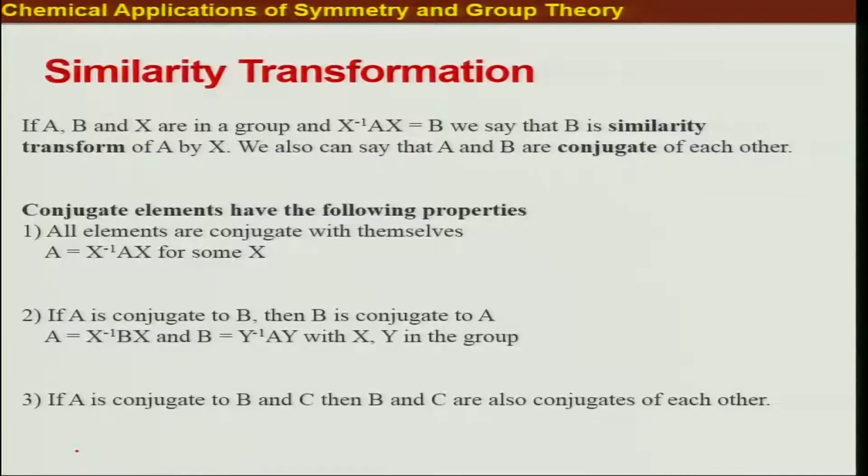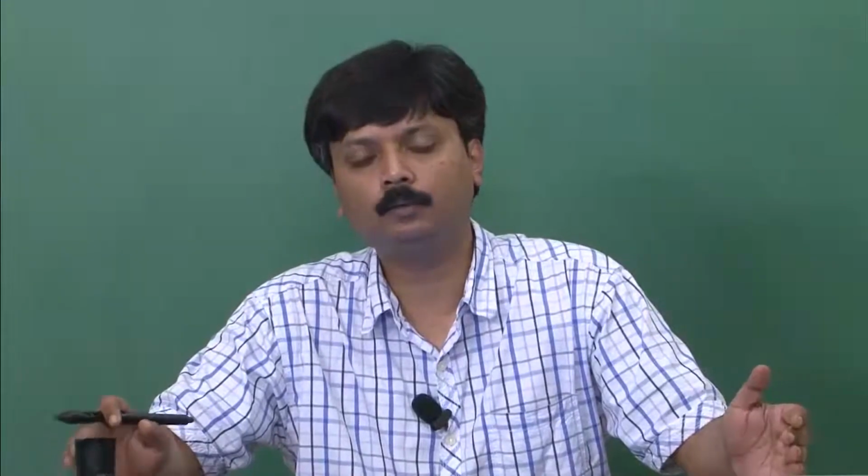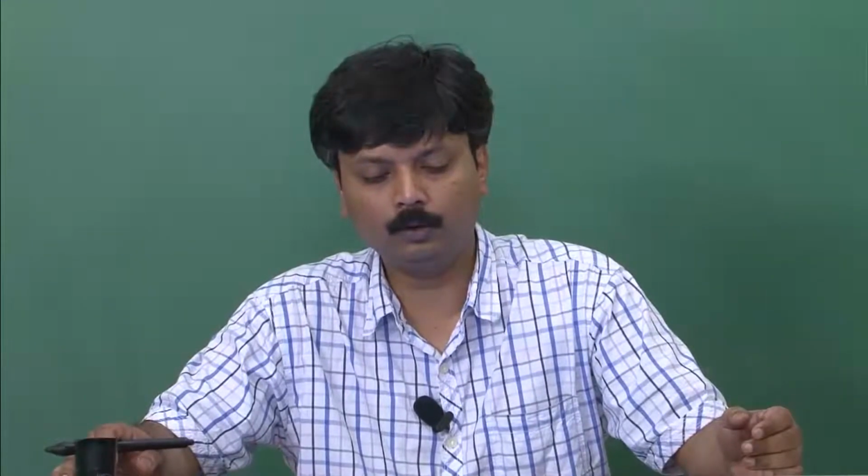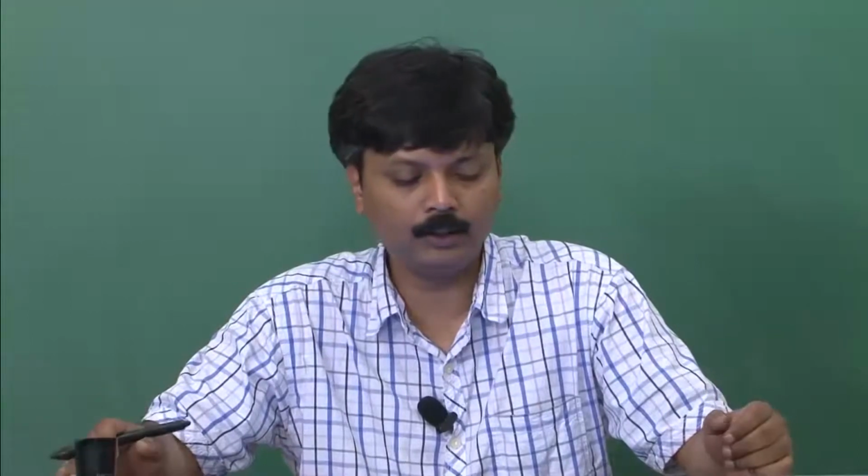Now let's have a look at another interesting aspect of the symmetry elements belonging to a group. We have formed a group from the symmetry operations of the molecule under consideration.